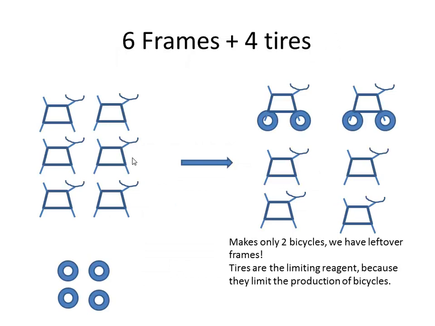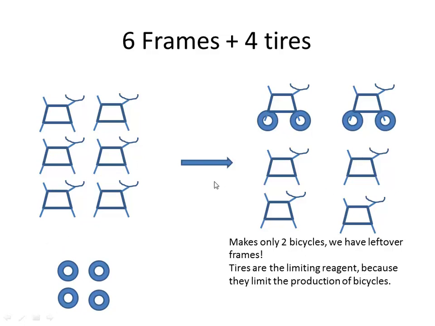So here, I have this all diagrammed out. I have 4 tires, 6 frames. I make 2 bicycles, and I just have 4 frames left over. Tires are what they call my limiting reagent, because they limit how many bicycles I can make. After I've reacted all the tires, I run out. I don't have enough tires to react with all 6 frames because I have 4, but I need 12.